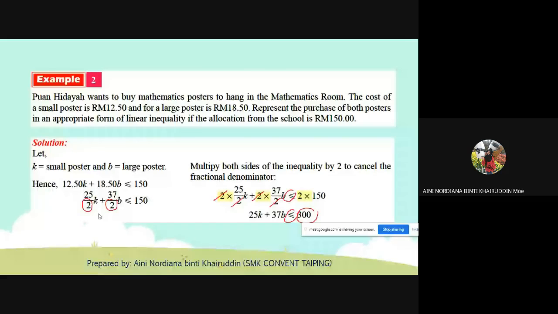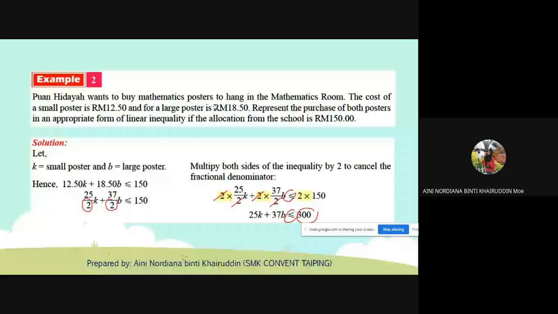So for example 2, Puan Hidayah wants to buy mathematics posters. Is it okay now or not? Okay, teacher. Okay.